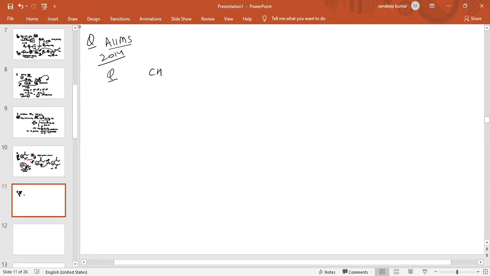This is given CH3, C triple bond CH, and there is addition of 2 moles of HBr. See what happened in the first step. In the first step, there is addition of HBr according to Markovnikov's rule.